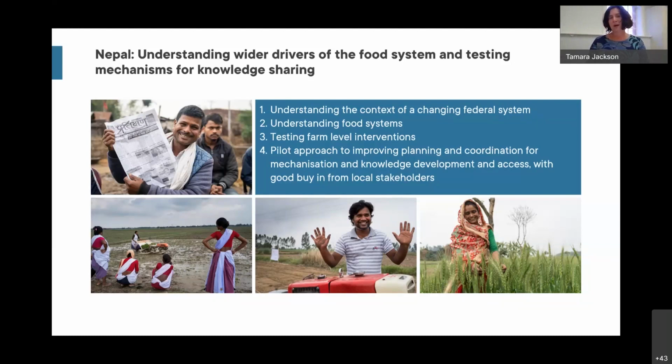And finally, there's been a pilot approach, a pilot project developed by Madhav Karki and his team to improve planning and coordination for knowledge development and access. And then CIMMYT have also worked at a provincial level in the Roadmaps project to help improve planning and coordination for mechanisation.